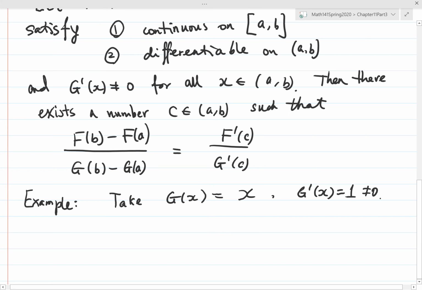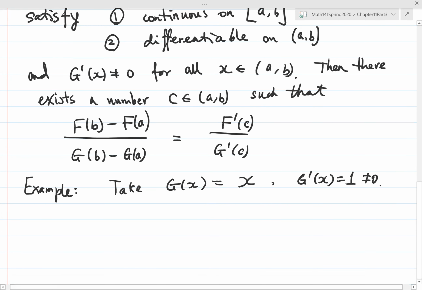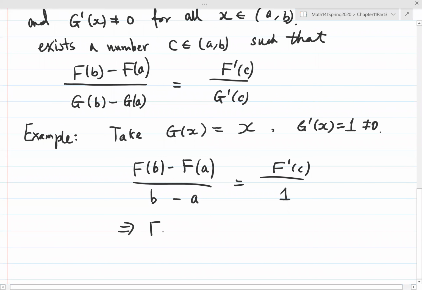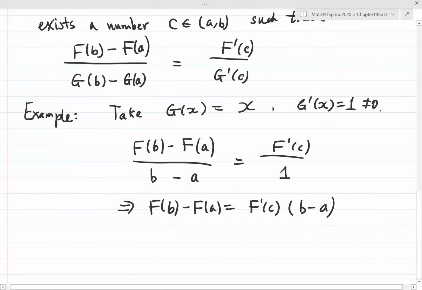Then we get (F(b) minus F(a)) over (b minus a) equals F'(c), since G' is 1. So F(b) minus F(a) equals F'(c) times (b minus a), which is exactly the conclusion of the Lagrange mean value theorem.